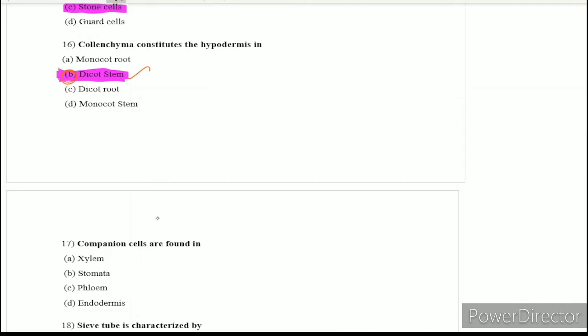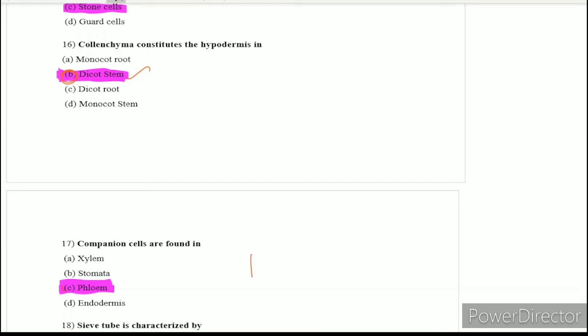Next, companion cells are found in option A, xylem. Option B, stomata. Option C, phloem. And option D is endodermis. Companion cells are always associated with option C, phloem. Sieve tube elements and companion cells are sister cells.